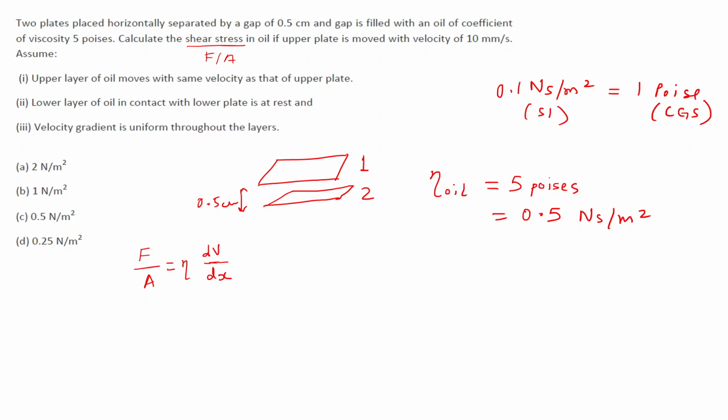So this is the same equation. Eta is 0.5, and the velocity gradient we need to calculate.